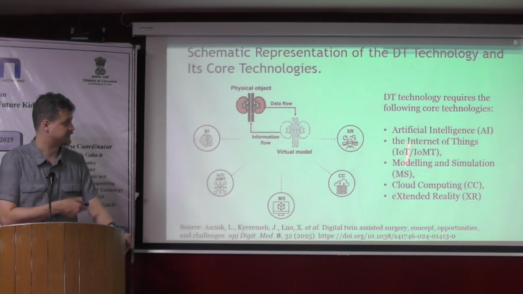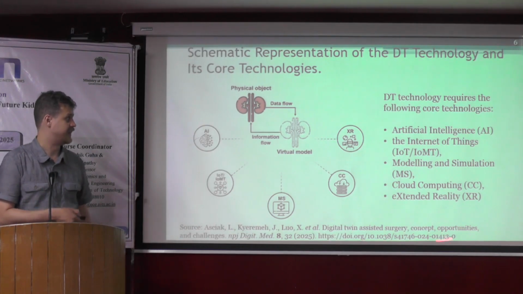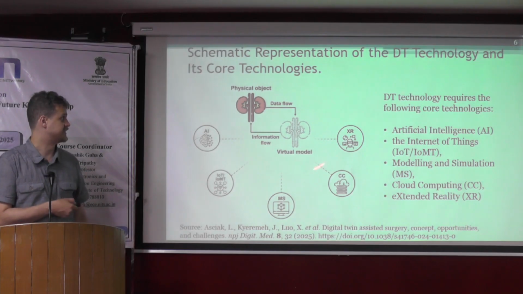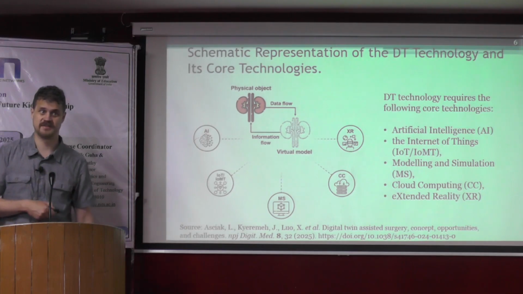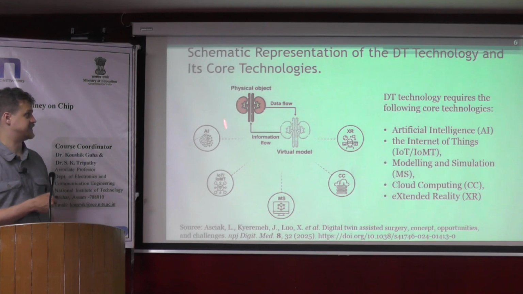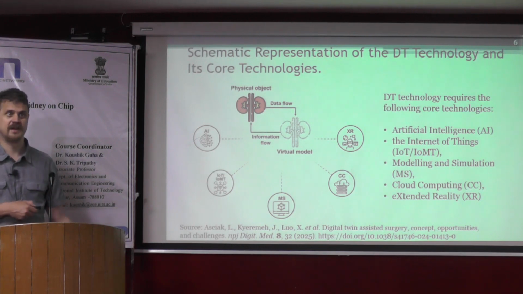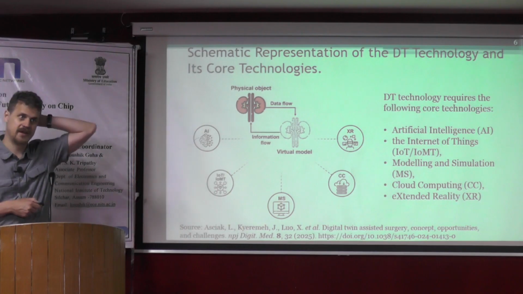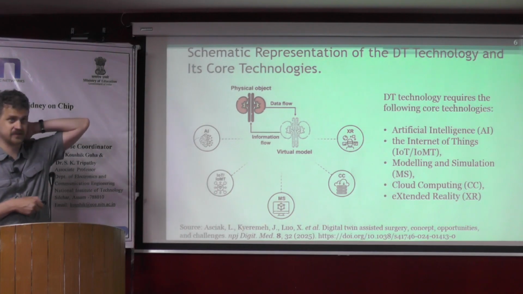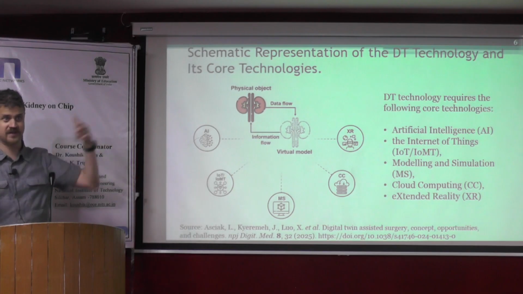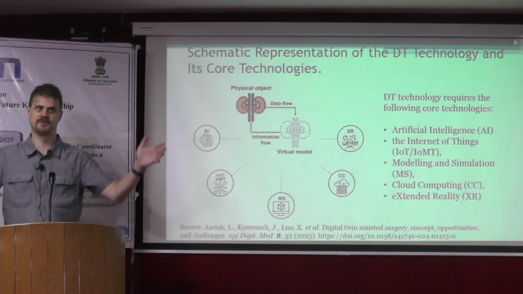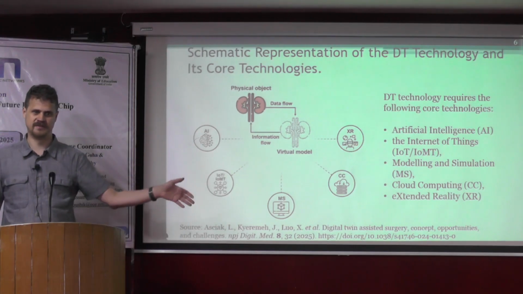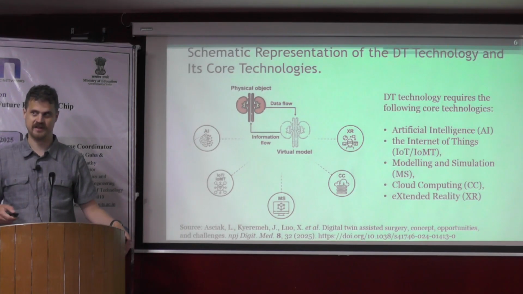This is just a small list of technologies that are required for the physical object imitation. In this case, they provide as the example physical object a natural kidney. So basically we can imitate a particular organ of the human organism, and the higher hierarchy we go, the harder the digital twin technology development will be, because we cannot reduce the human organism to some part of some of the different systems within the organism.